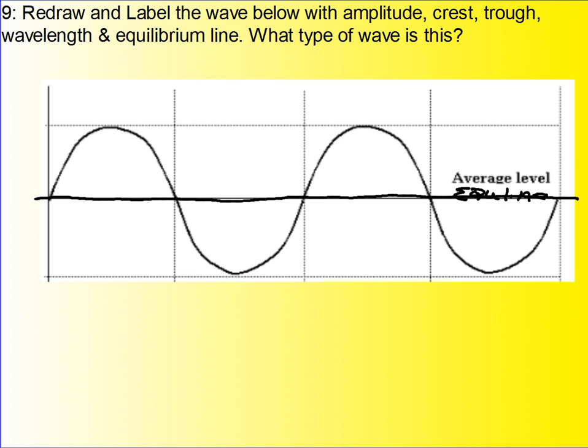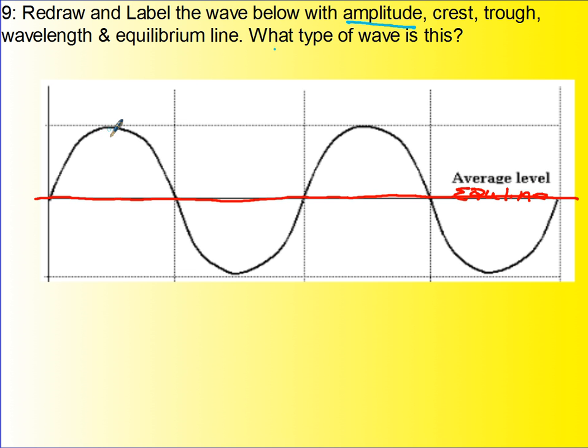All right, tell you what, I'm going to cheat and just change that color to blue. Okay, so the equilibrium line is in blue. Now, the amplitude. Now let me go back to my pen. Now I'm going to do the amplitude in blue.